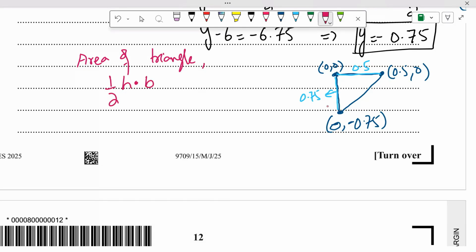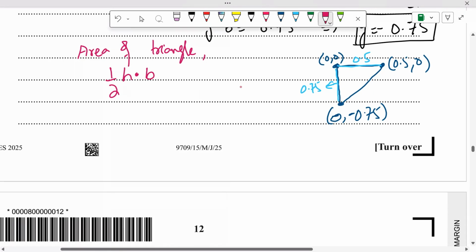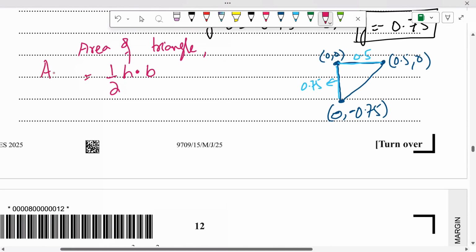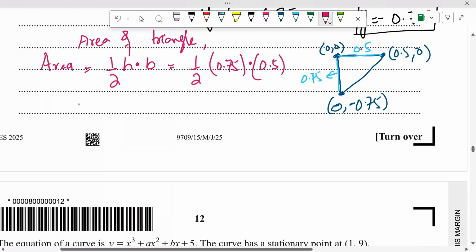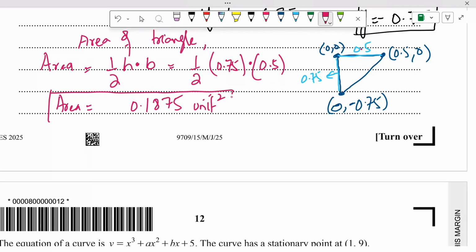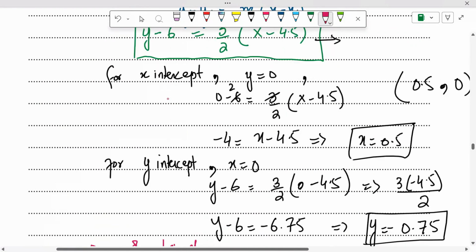In this case, height is 0.75 and base is 0.5. So plugging in these values, area equals 1 over 2 times 0.75 times 0.5. Solving this, we have 0.1875 square units. So this was the required area.